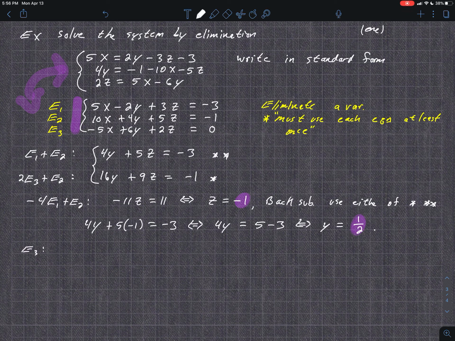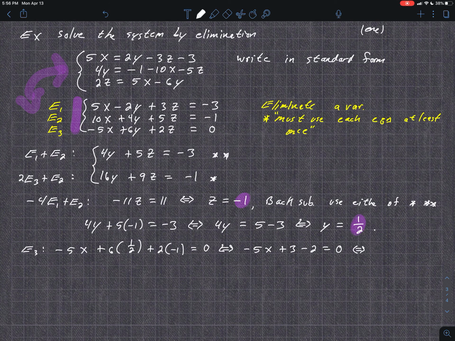So it's negative 5x plus 6 times 1/2, which is your y, plus 2 times negative 1 equal to 0. Then you just simplify that. So negative 5x plus 3 minus 2, so it looks like 1, that's equal to 0. Continue to solve.